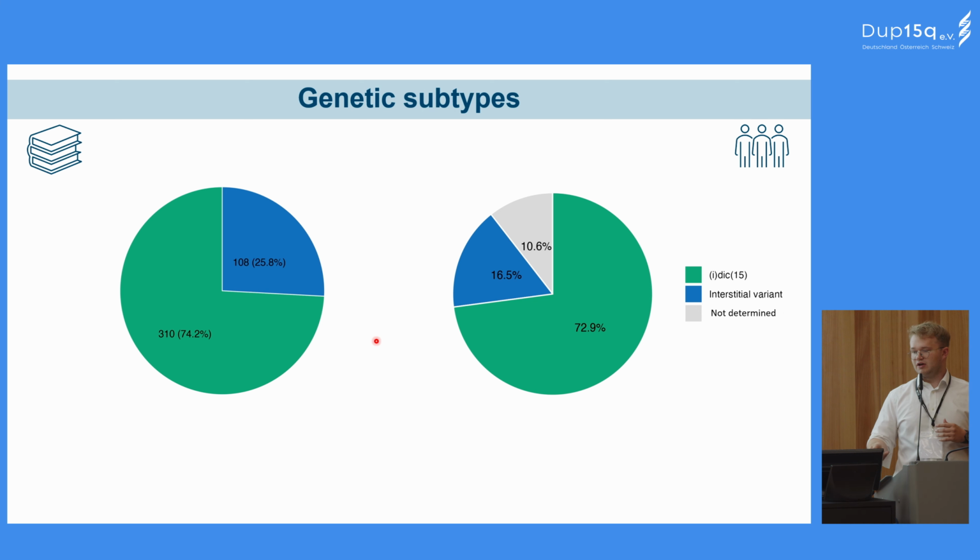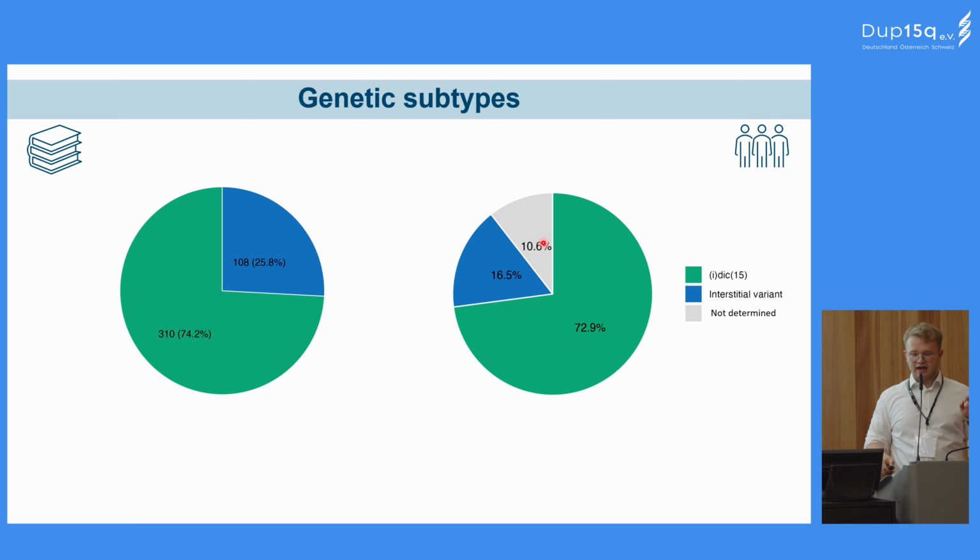But as our data is derived from routine genetic testing, in a number of cases, the location of the extra genetic material, whether it's interstitial or an extra chromosome, is just not determined.